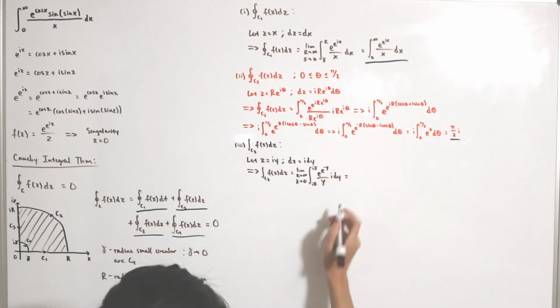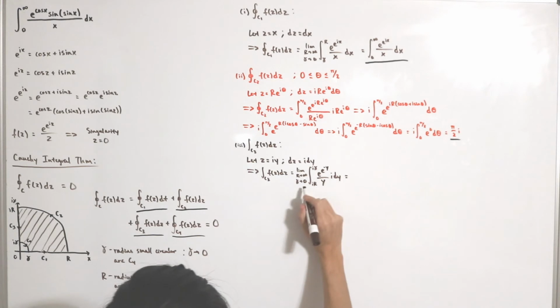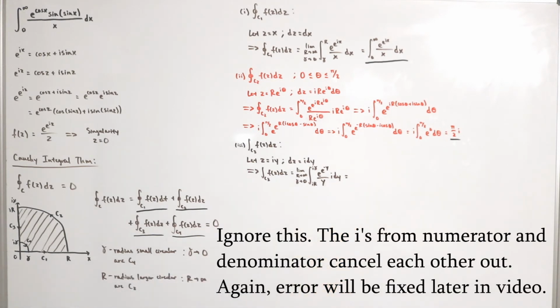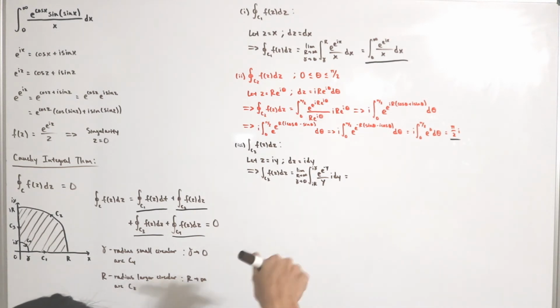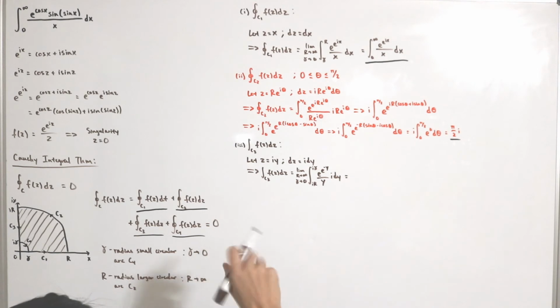But I can just move the i outside, but not only that, because r is approaching infinity and gamma is approaching 0, you can obviously see that the upper bound is a smaller number and the lower bound is a bigger number. So this means we have to change our order of bounds of integration.